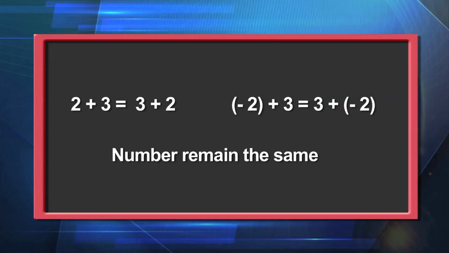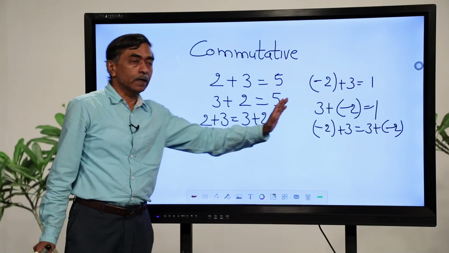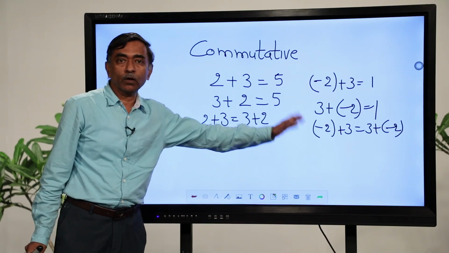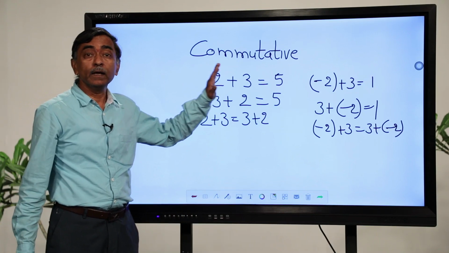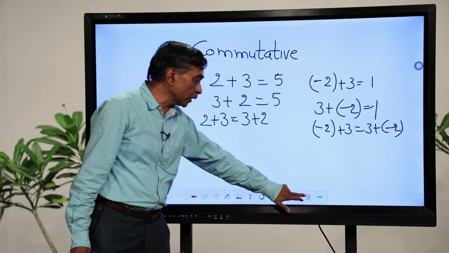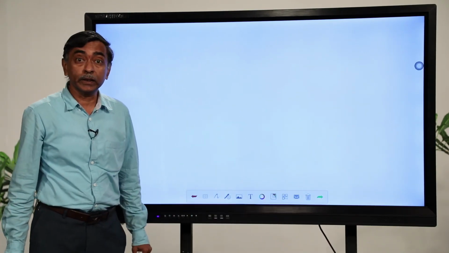The numbers have commuted, they have been interchanged, and still their value remains the same. And so we say that the collection of integers, the collection of whole numbers, the collection of natural numbers, they all satisfy the commutative property, they are all commutative under the operation of addition.